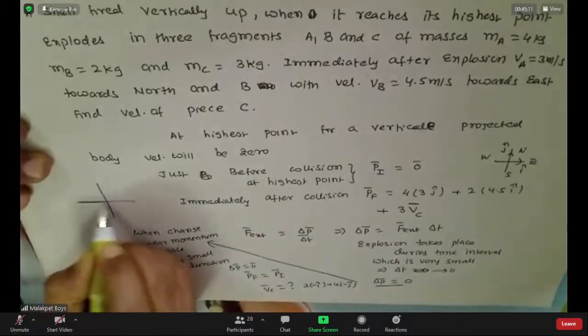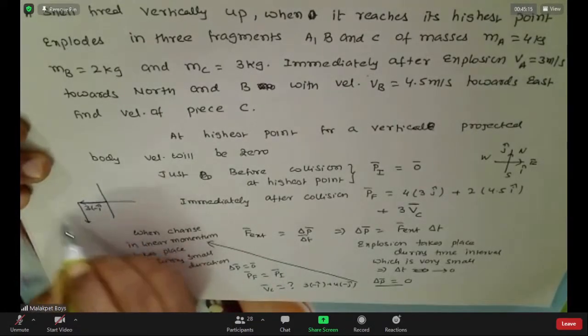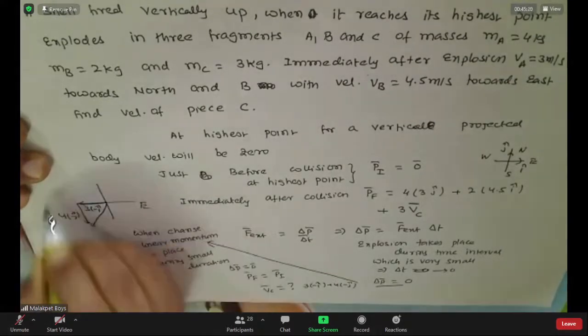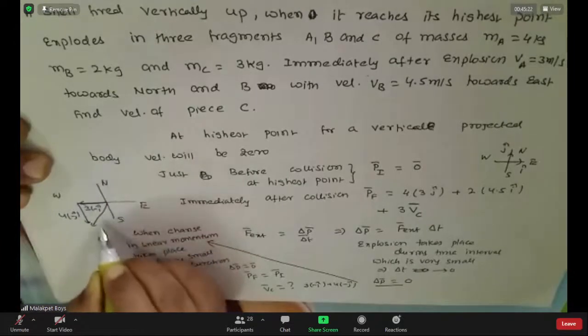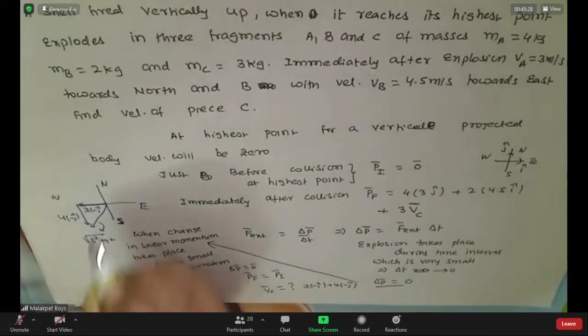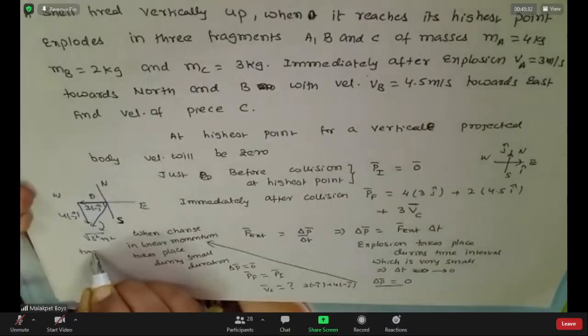3 minus i means this side. This is 4 minus j. This is east, west, north, south. This is root over, what is this? Remember this? 3 square plus 4 square equals 5. Suppose this is theta. What is tan theta?